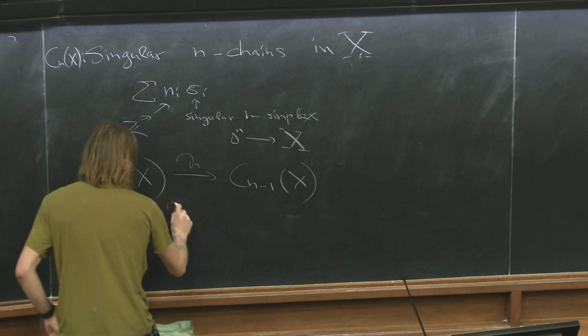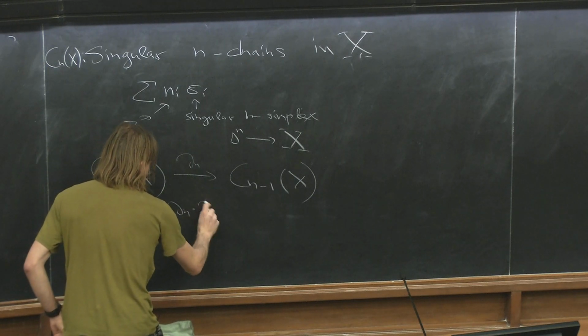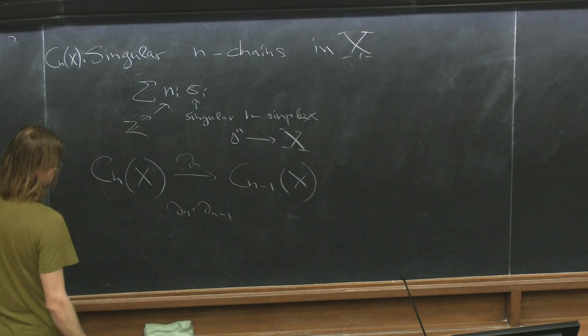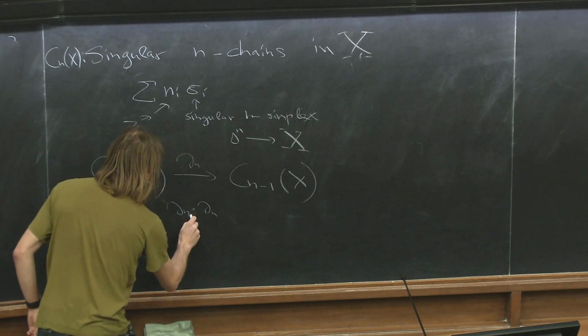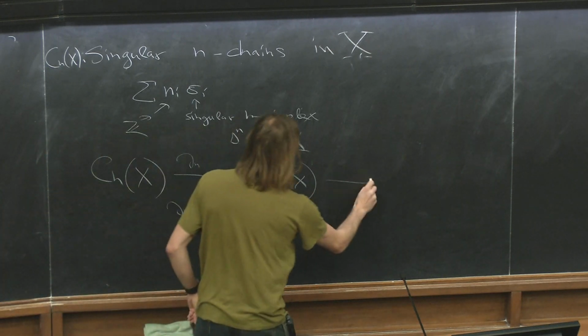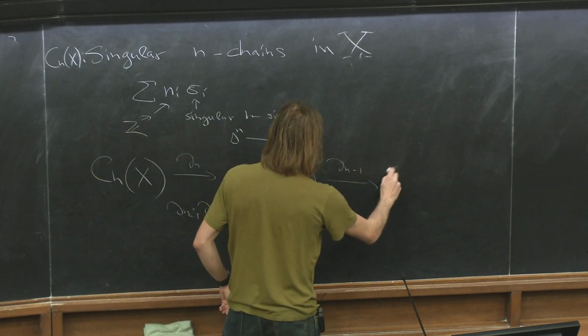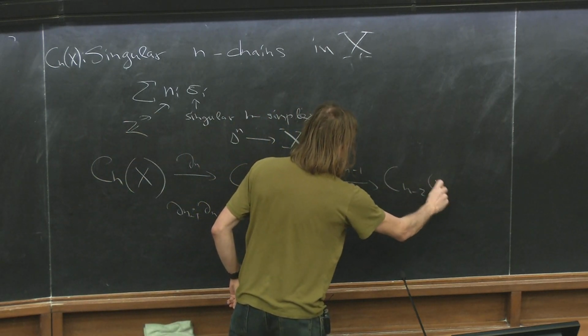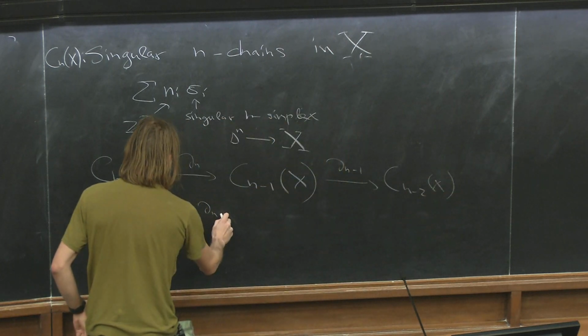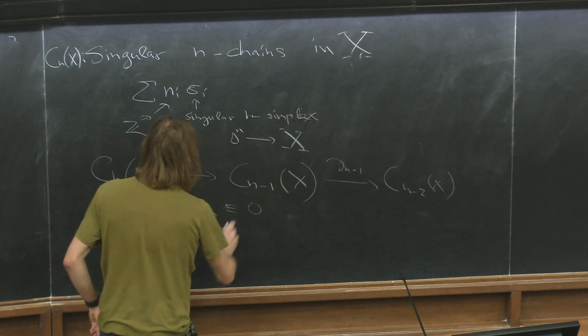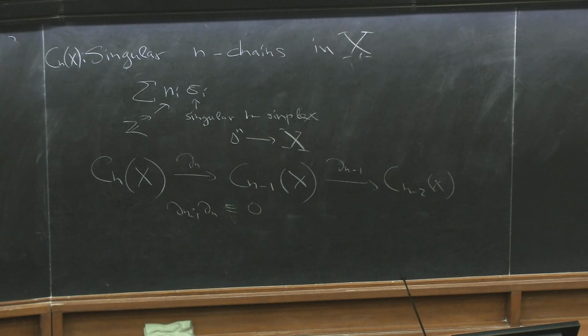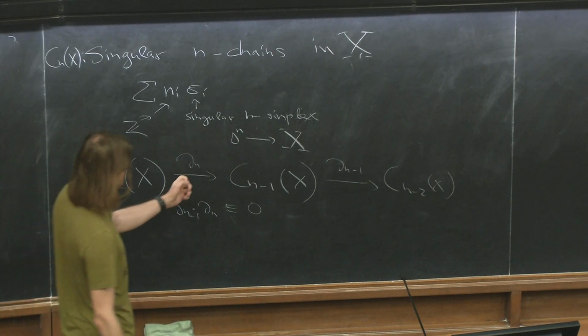It had this nice property that if you apply it from Cn to Cn-1, and then apply it again to Cn-2, this composition is always identically 0, which follows from the definition of this operation.